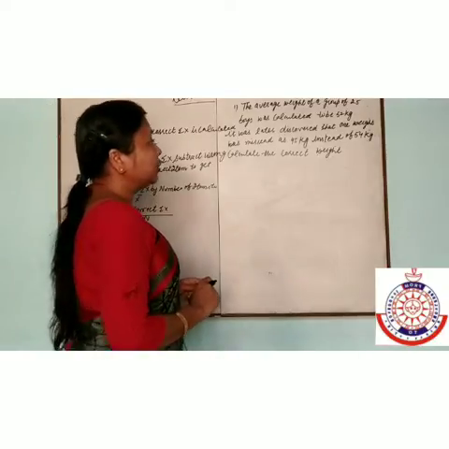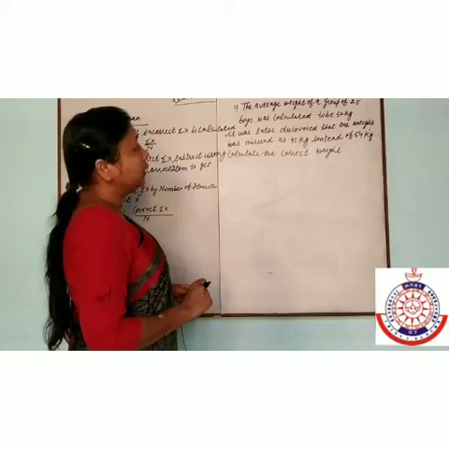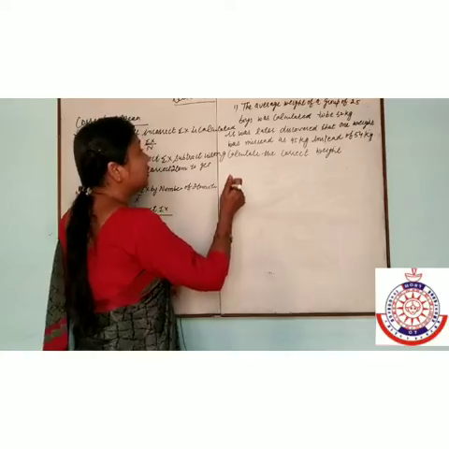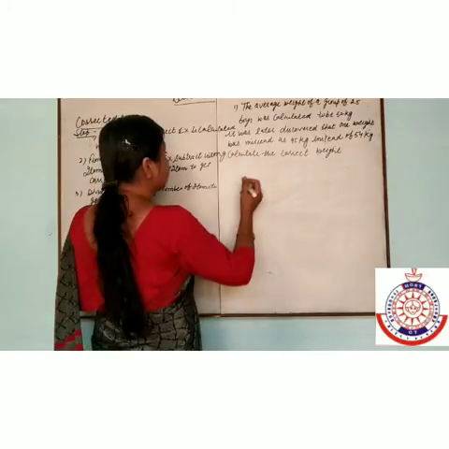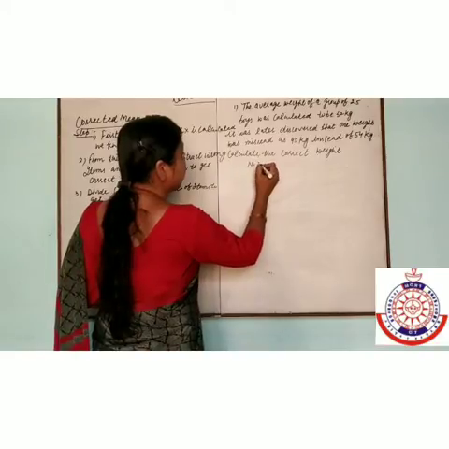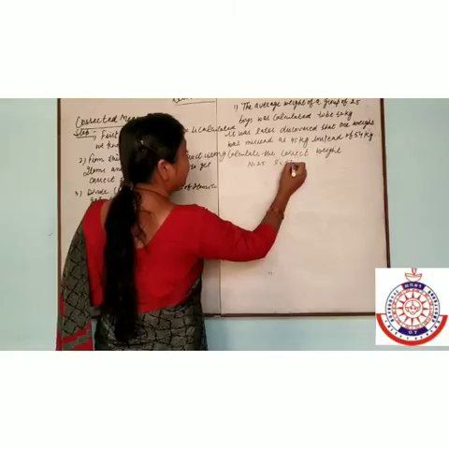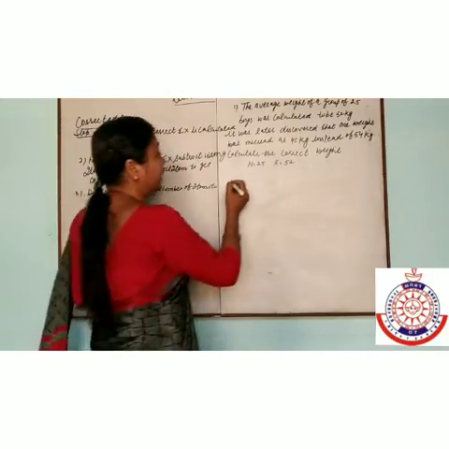The average weight of a group of 25 boys was calculated to be 52 kg. Here, for the group of 25 boys, n is equal to 25 and the average is equal to 52. In the first step, x bar is equal to summation of x by n.